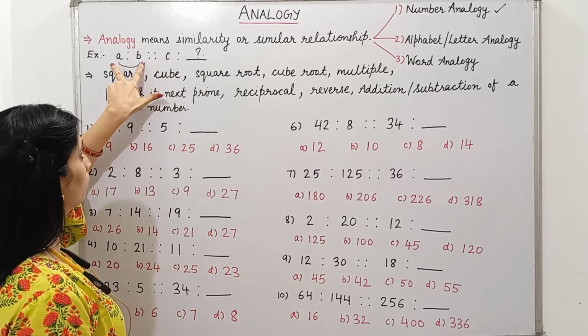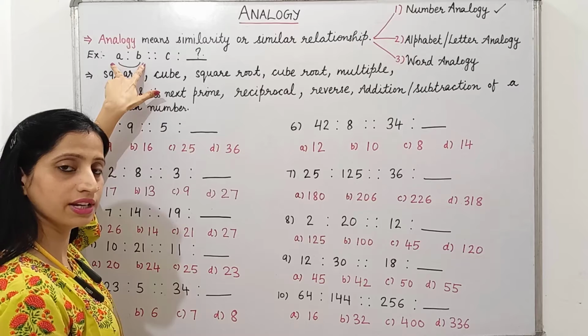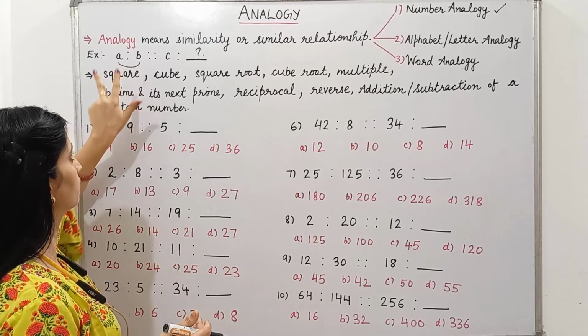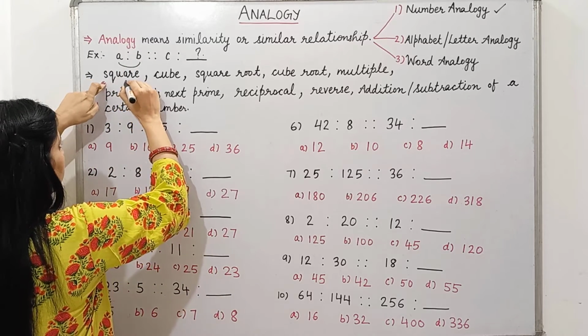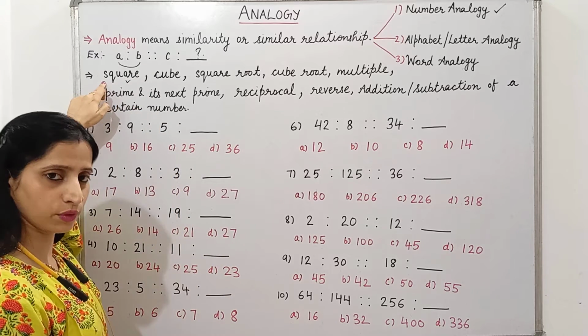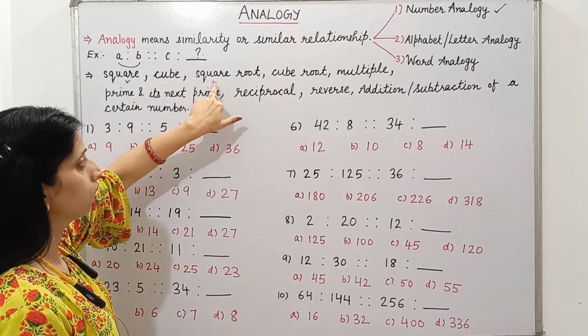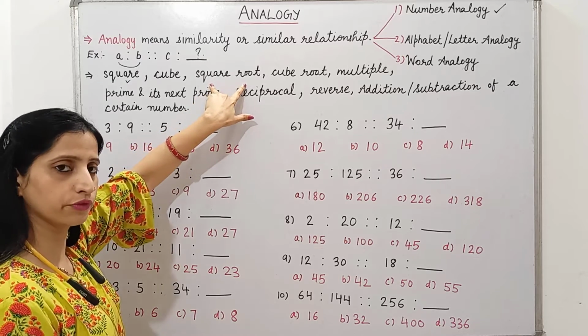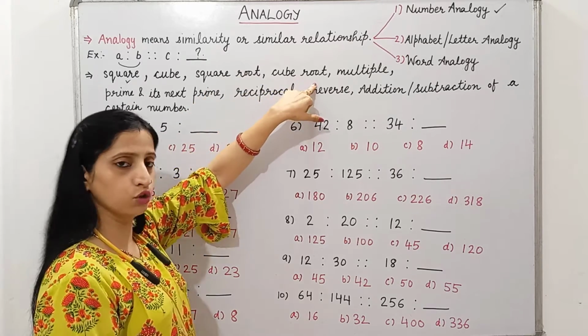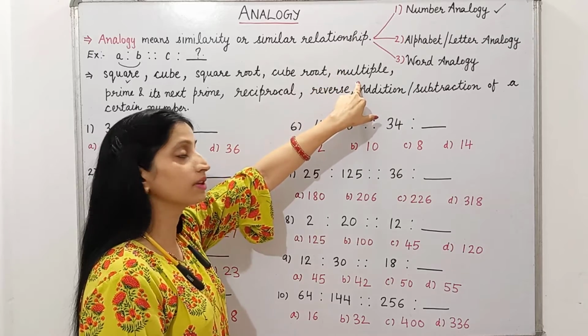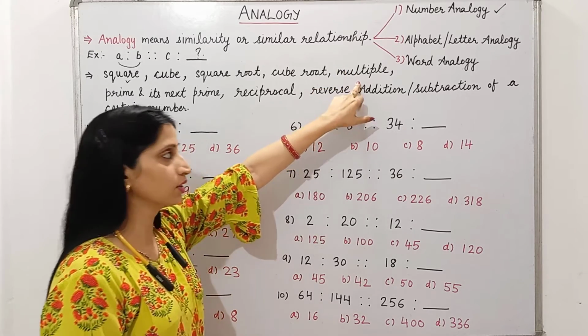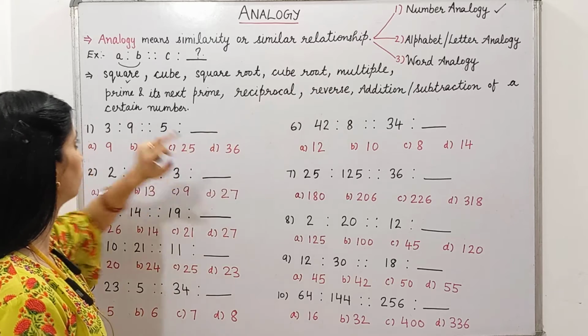Okay, so in number analogies generally we see these types of relations, like the second number will be the square of the first number. It can be the cube, or the numbers can be the square root of one another. It can be the cube root. The second number can be a multiple of the first number, or the reverse can be true.